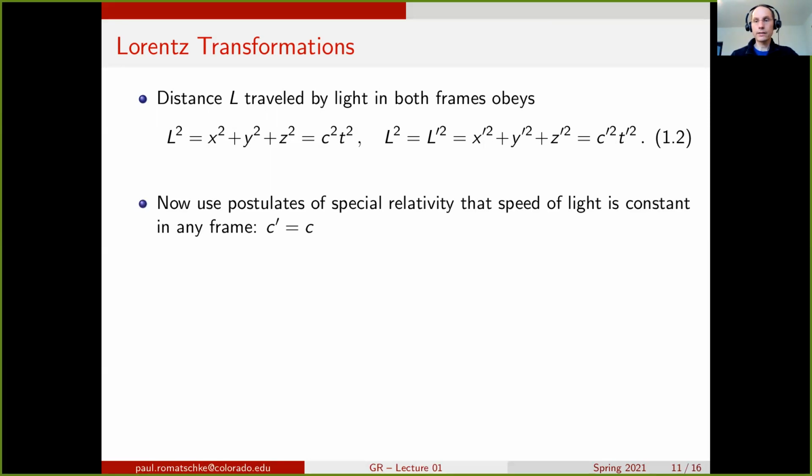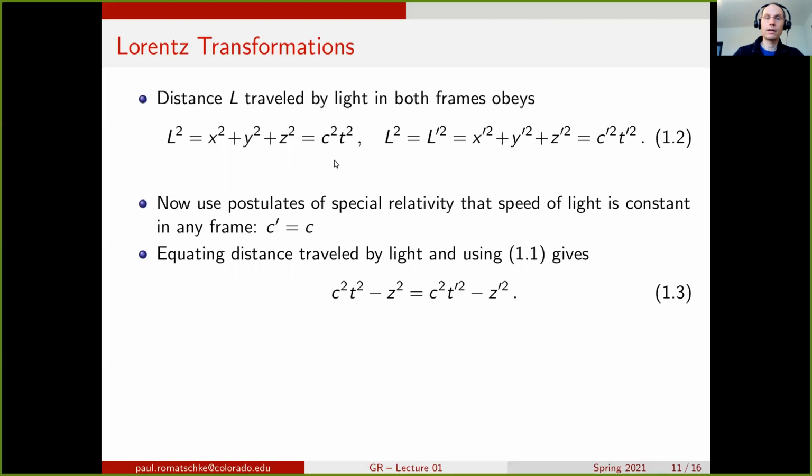Now, one of the postulates of special relativity is that the speed of light in the primed system, the one that is moving, if you want, is the same as the speed of light in the non-moving frame. So c prime, the speed of light in the primed system, is equal to c. If the distances L and L prime are then the same, then we can simplify these two relations by bringing the time squared terms onto the respective left-hand sides.